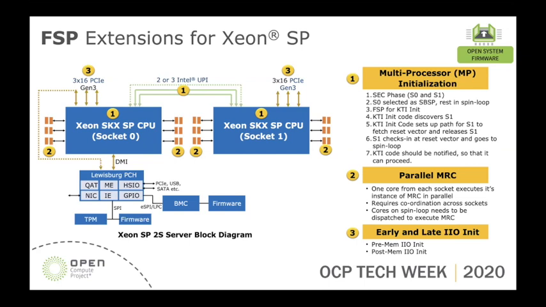And then there is the early and late integrated IO initialization, essentially looking at all the IIO stacks that exist on each one of the sockets, and assign the bus starting and end numbers, and then assign the bus windows. Right. So those are the three big areas that FSP is different from the client-side platforms. Next slide.